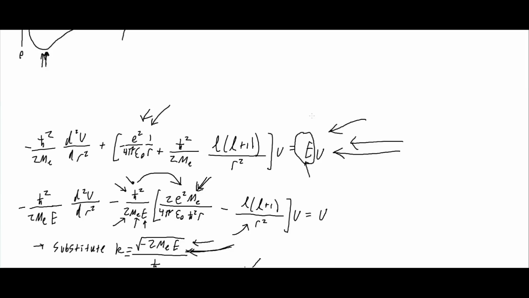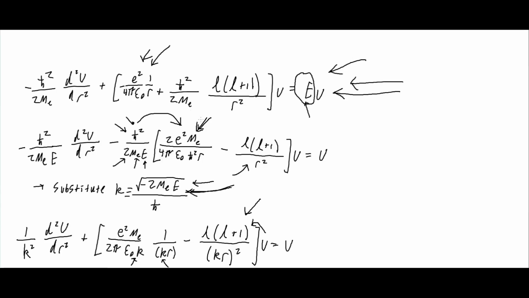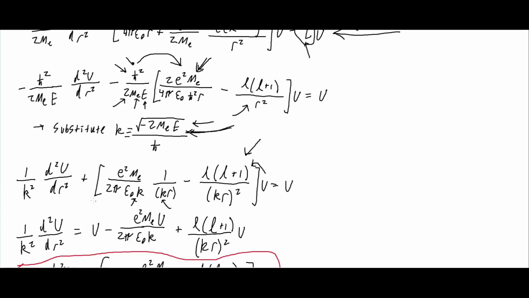So once again, to recap, I divided both sides by E and factored out this h bar squared over 2m sub e, which gave us this. And then I made this substitution, this k defined as the square root of minus 2m sub e times E over h bar, and then when I distributed that back in, we ended up with this right here, where we have our e squared times m sub e over 2 pi epsilon naught, which is our permittivity of free space, k.